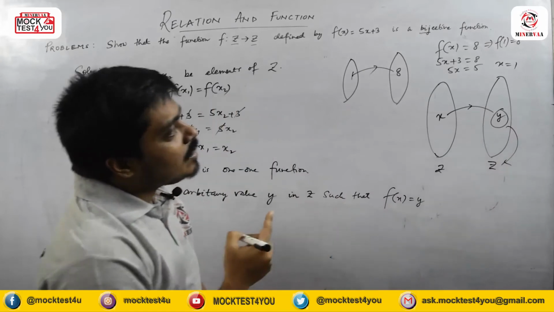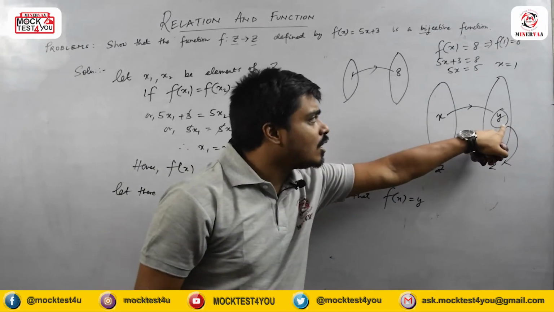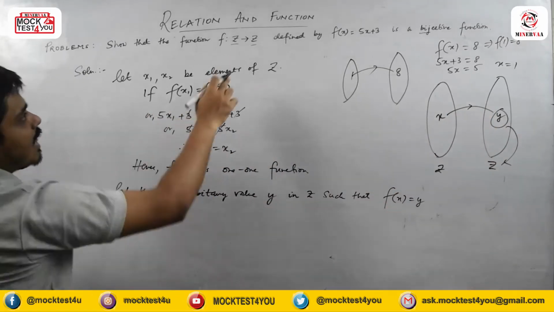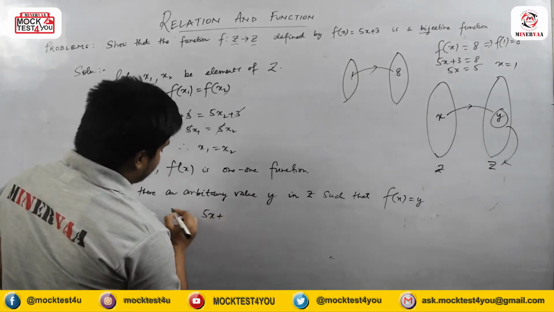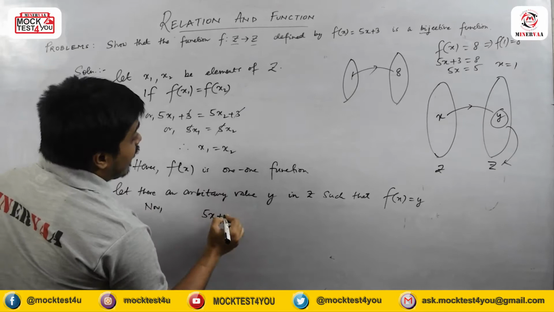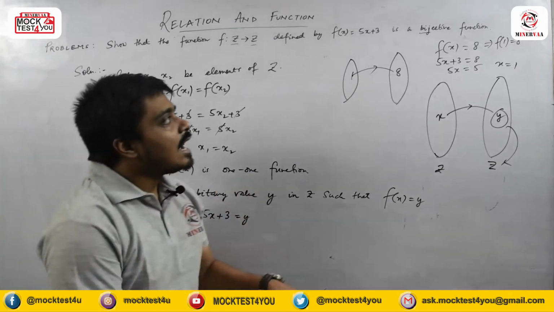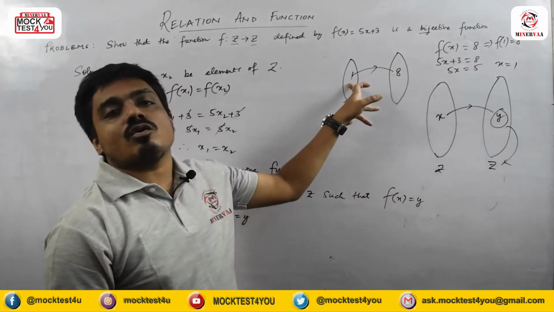So for the element 1, the image is 8. So in the same way, I am saying that there is y who is an image of x. So now I will write 5x + 3 is equal to y. Right? So here I knew 8 and through back calculation I found out 1, right?